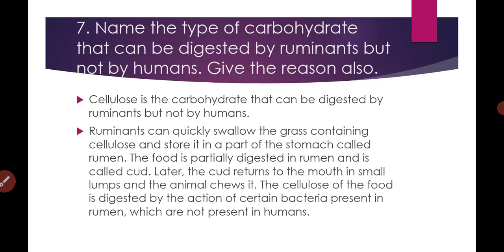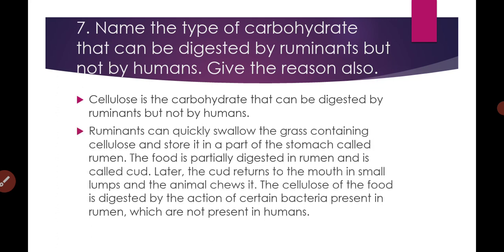The cellulose of the food is digested by the action of certain bacteria present in the rumen, which are not present in humans. In the rumen, which is a part of the stomach, some special type of bacteria are there which help to digest the cellulose present in the food.